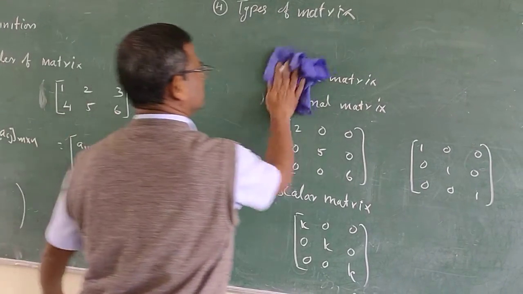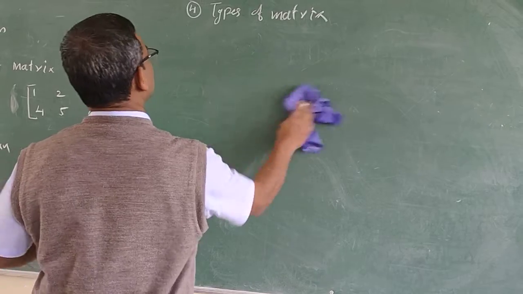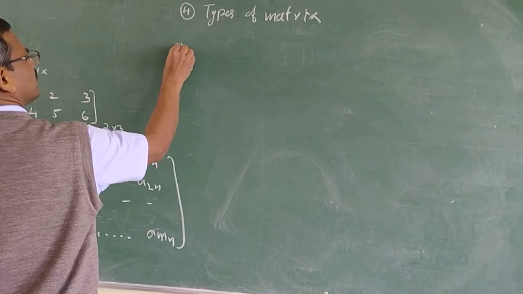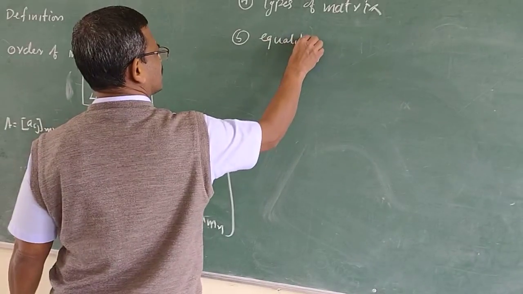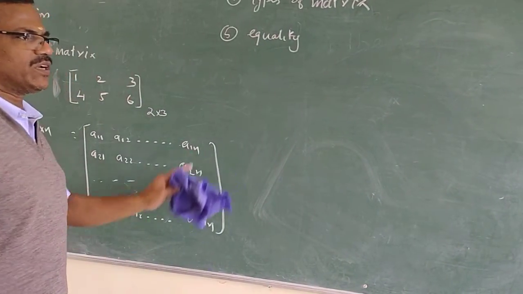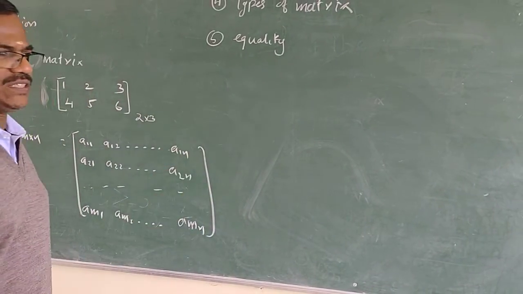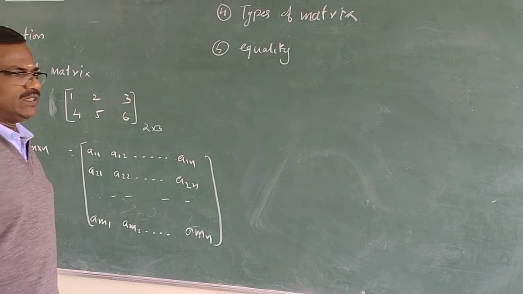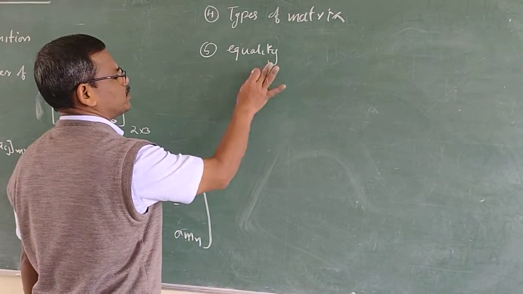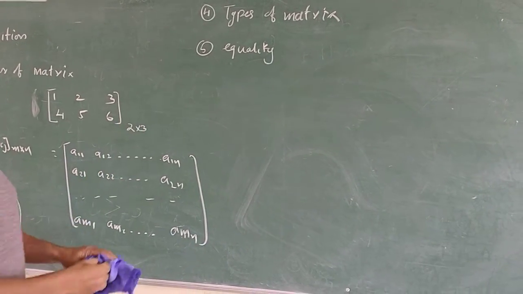Then equality of matrix. What is important here? Two matrices are said to be equal if their orders are the same and all the corresponding elements are the same.